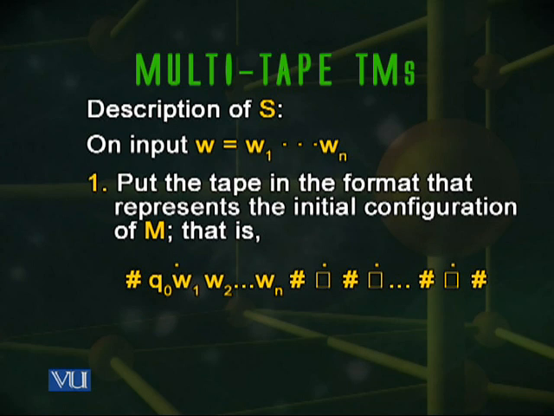We will have a hash sign followed by W1 with a dot on top of it. Then we will write W2 up to Wn. Then there will be another hash sign and a box with a dot on top of it. There will be actually K minus 1 such things. This shows that the machine M is reading the first input symbol and all its other tapes are blank.